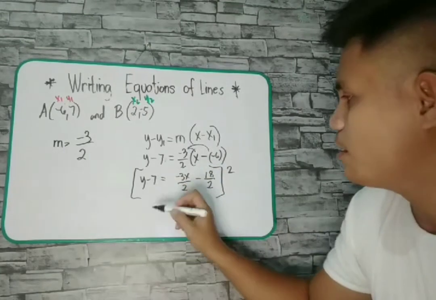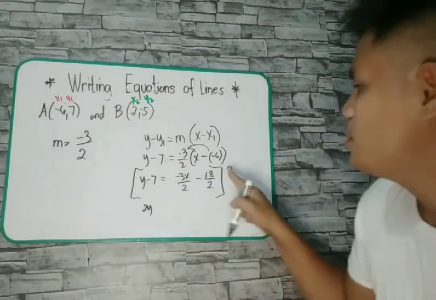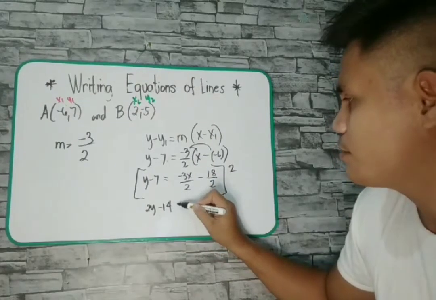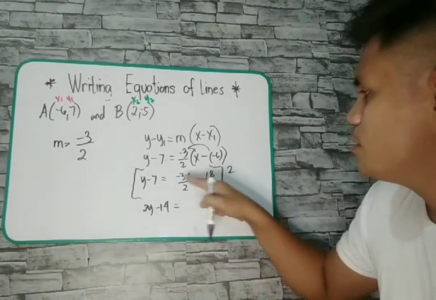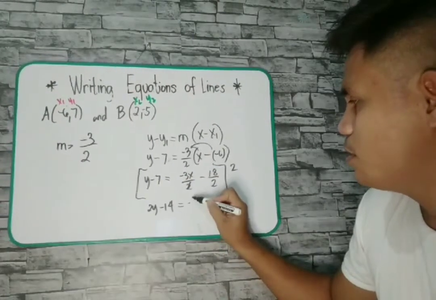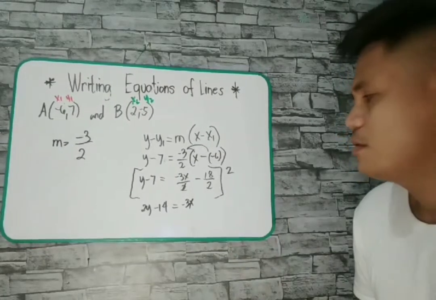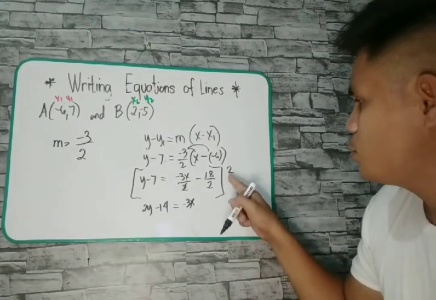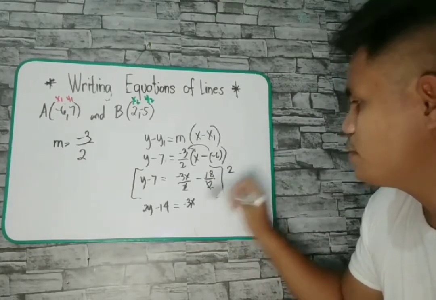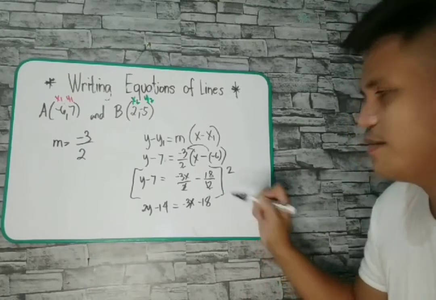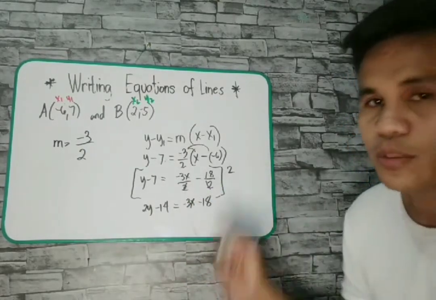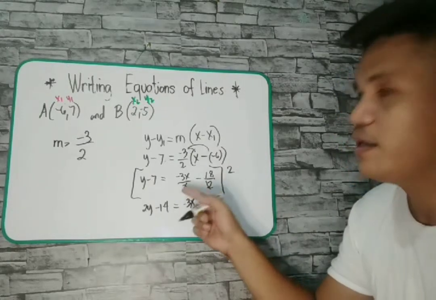So 2 times y will give you 2y. 2 times negative 7 will give you negative 14. And then 2 times negative 3x over 2, cancel out 2, that's automatic. And then 2 times 18 over 2, cancel out 2 again, it will give you negative 18 only. As you can see, this is very easy. All you have to do is to multiply the reciprocal of any halves.